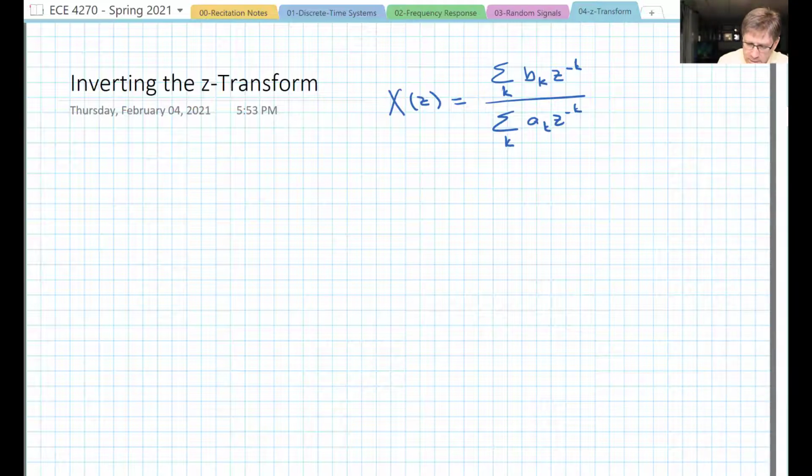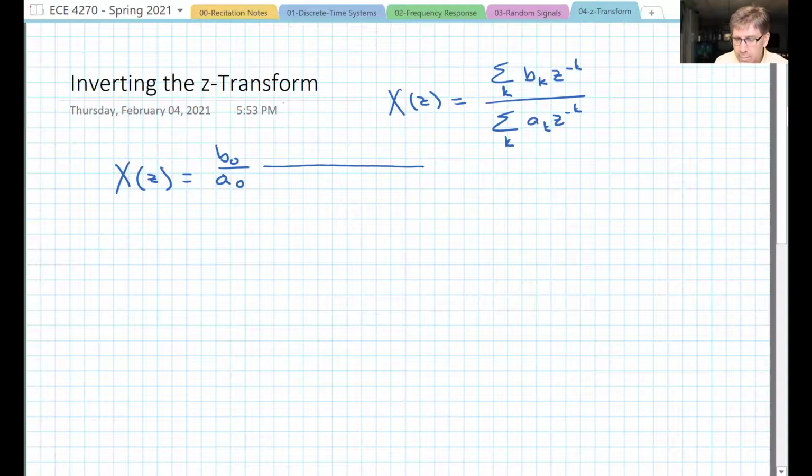So X of z can be factored. This polynomial, like any polynomial, can be factored. We'll take some gain functions out front, and it's now a product of root terms that look like 1 minus ck z to the minus 1, over 1 minus dk z to the minus 1, and we're going to keep operating in these negative powers of z.